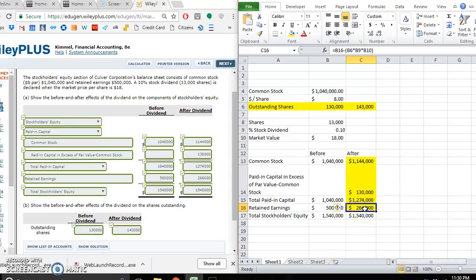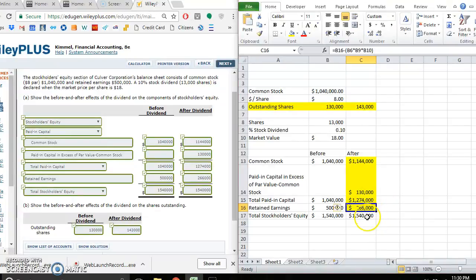Now to find our retained earnings, we start with what we were given previously, and then you multiply our outstanding shares by the percentage, and then by market value, and then you subtract all that you multiplied from the 500, which you get 266,000.